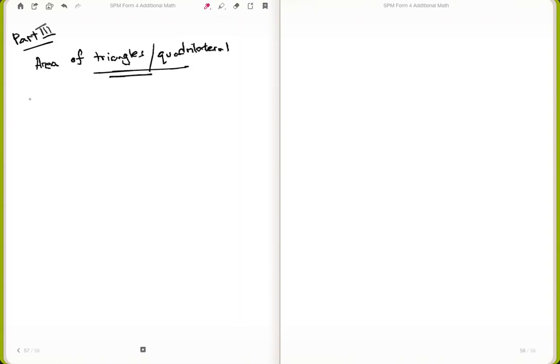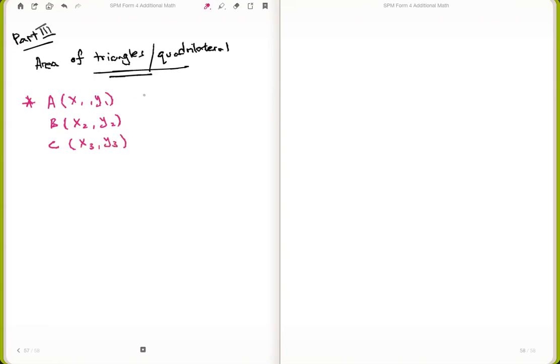Now, this part, important. When you are dealing with any questions later in your books, do remember, do something for yourself to make your life simple. In order to get area and you are given coordinates of A, I would show you only the triangle, but I'm sure you can do the quadrilateral because the concept is always the same. So let's say I have coordinate A is x1, y1, B would be x2, y2, and C, x3, y3.